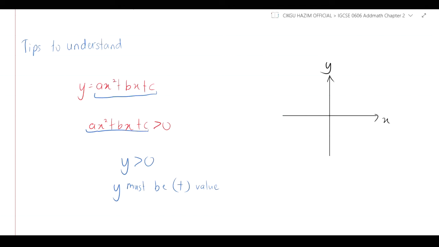In a graph, where is the region where y is positive? It must be on top of the x-axis. That's why when ax squared plus bx plus c is more than 0, the region that satisfies the inequality must be on top of the x-axis.